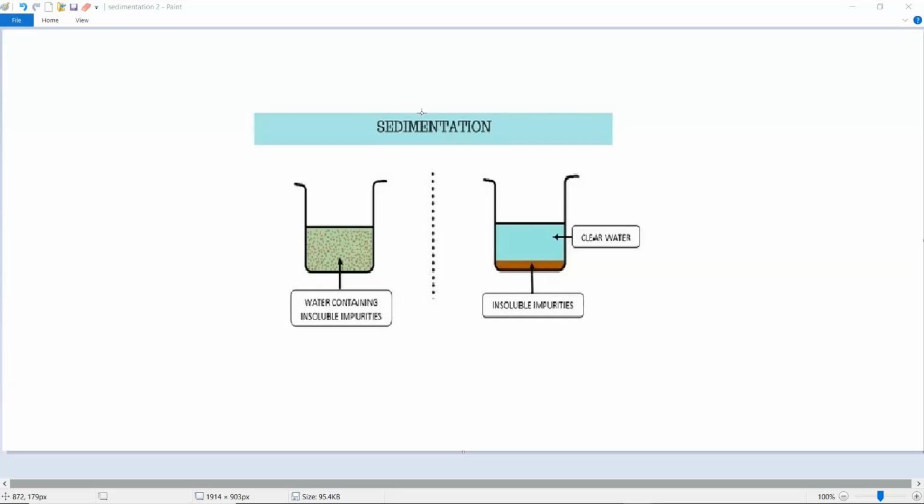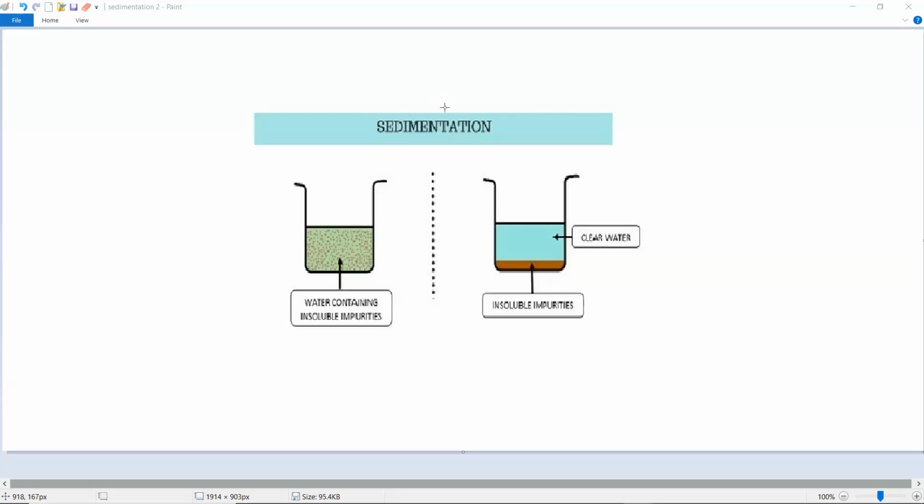In this technique, the mixture is allowed to stand undisturbed till the heavy solid particles settle down. Then the clear liquid at top is transferred into another container without disturbing the solid sediment.